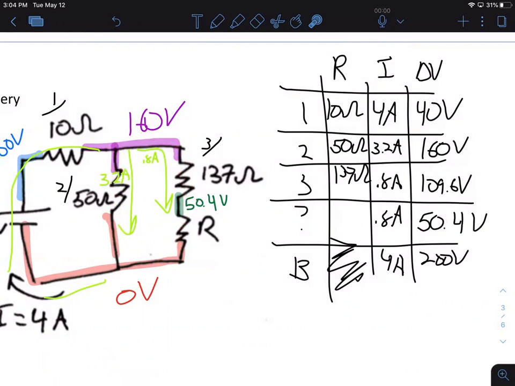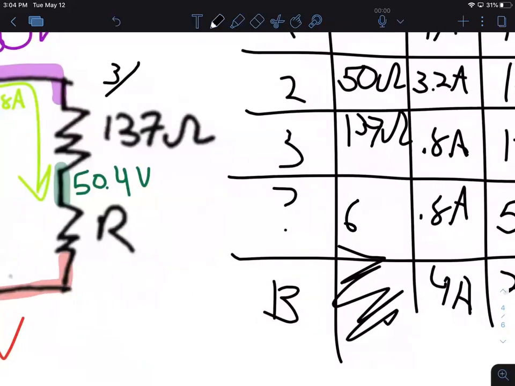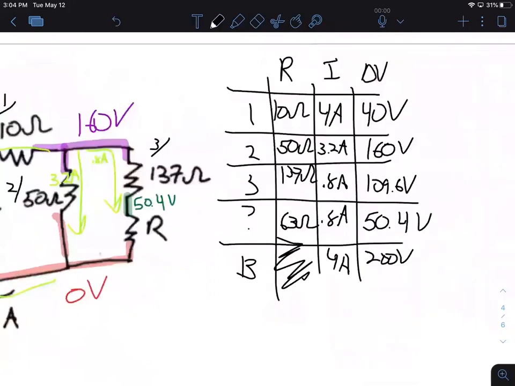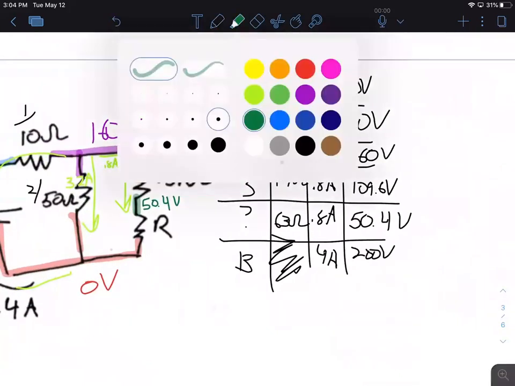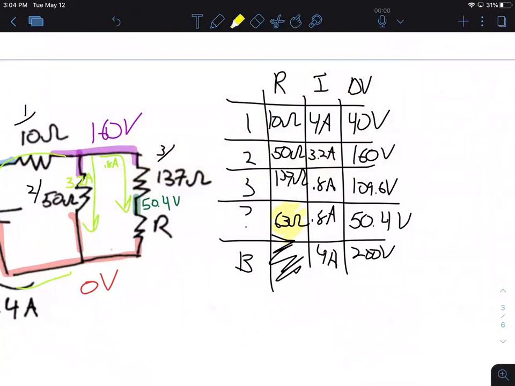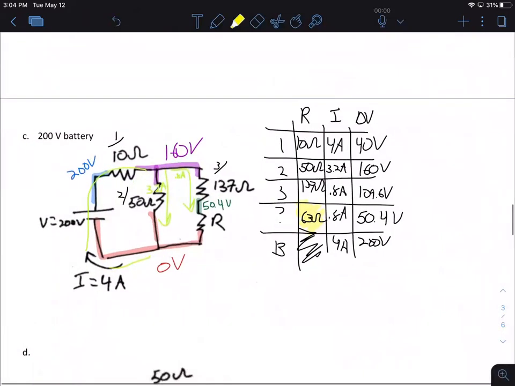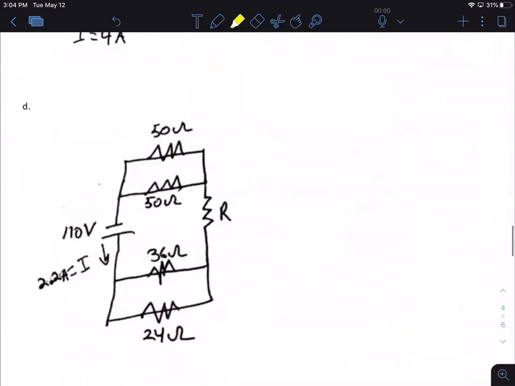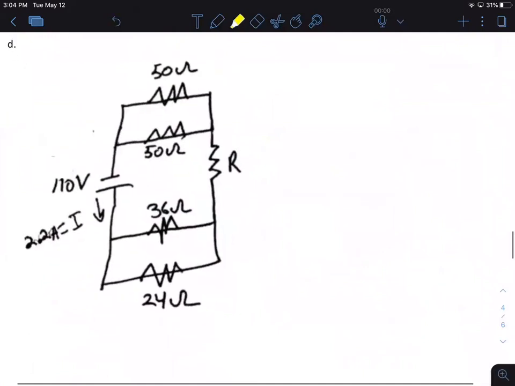So with 50.4 volts and 0.8 amps, I can find the resistance. 50.4 divided by 0.8 is 63 ohms. Great. Oh boy, this keeps going.